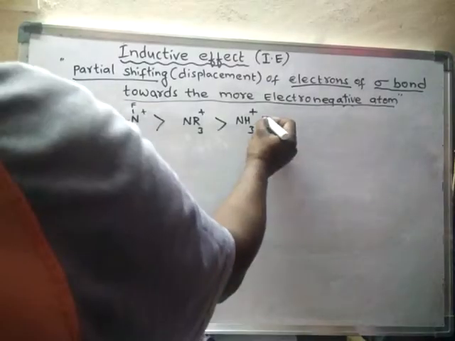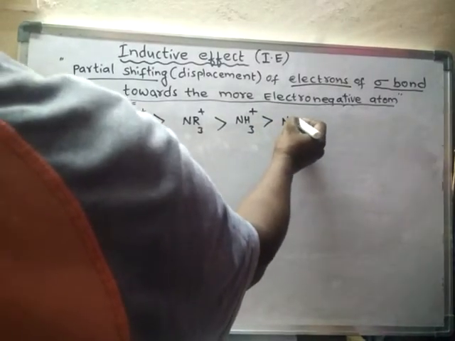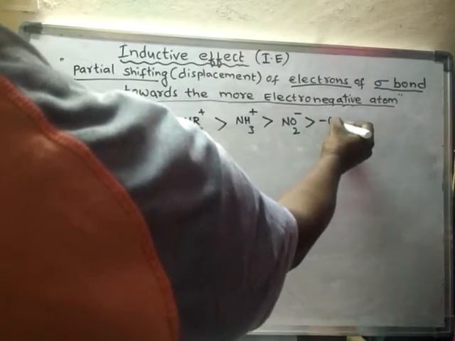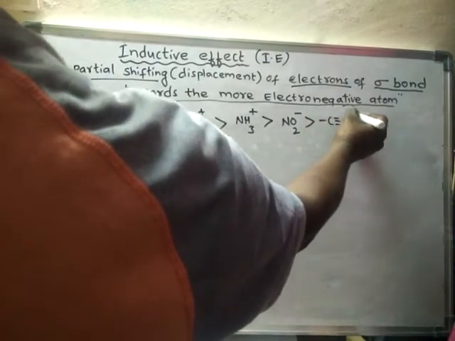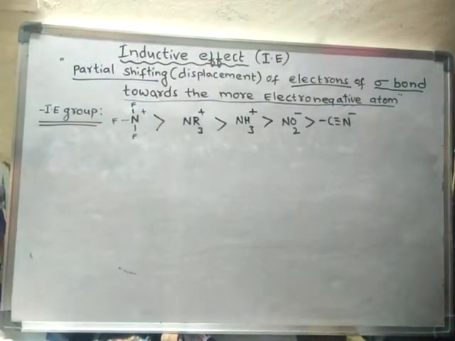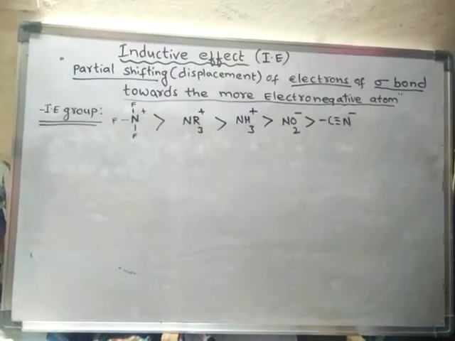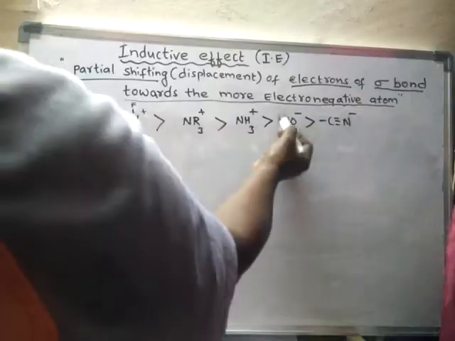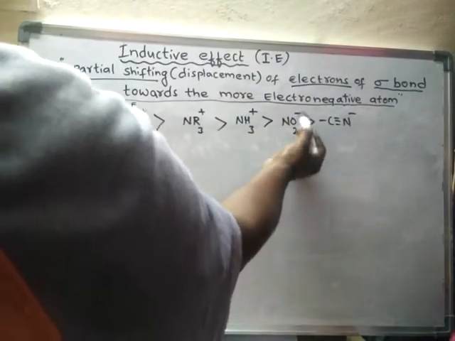Next to NH3 plus is NO2, the nitro group, and next to it is the cyanide group. So the nitro group has more negative inductive effect, minus I, that means it is more electron withdrawing than the others.